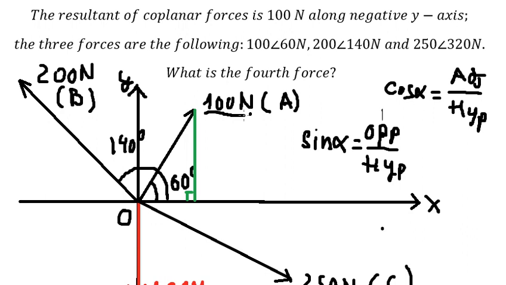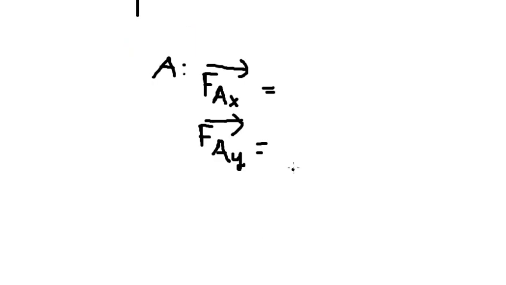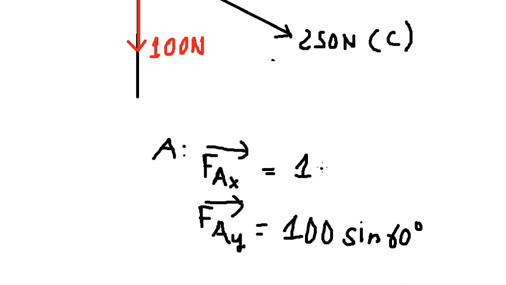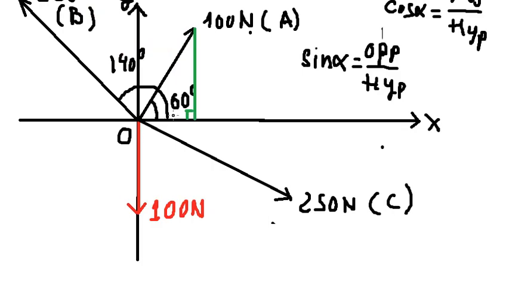Hypotenuse is 100 newtons. We want to find the opposite. The opposite is this one, and this is F of y because it is parallel in here. So about this one, we have 100 newtons multiplied by sine of 60 degrees. And this one, 100 newtons multiplied by cosine of 60 degrees.